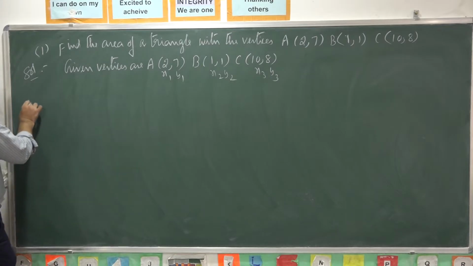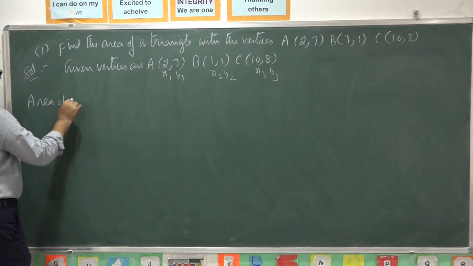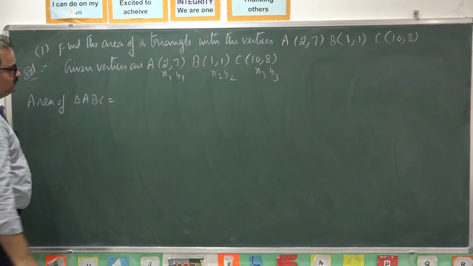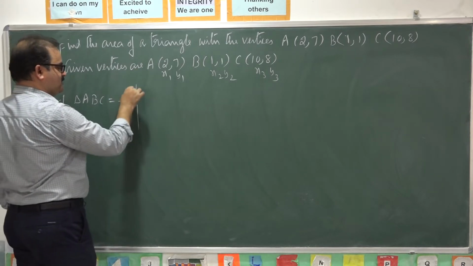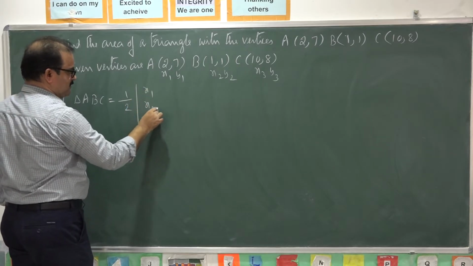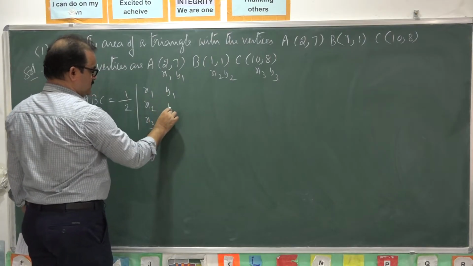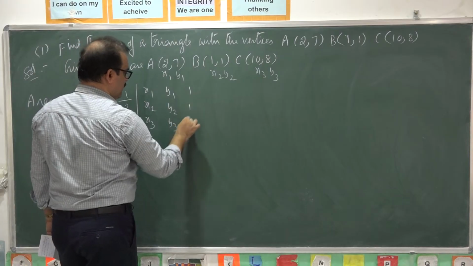Now the area of the triangle ABC, from the determinant, is half into the determinant of first column x1, x2, x3, second column y1, y2, y3, third column 1, 1, 1.